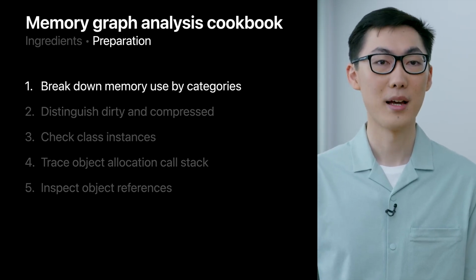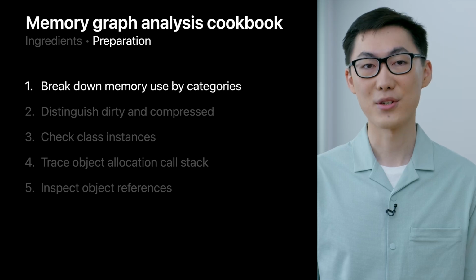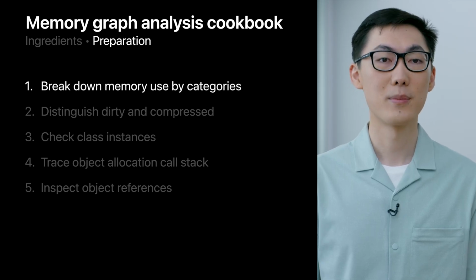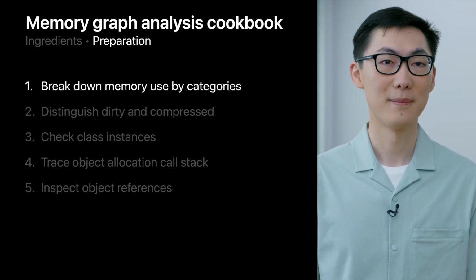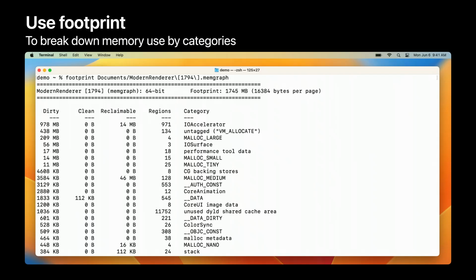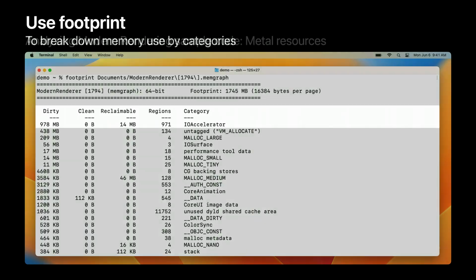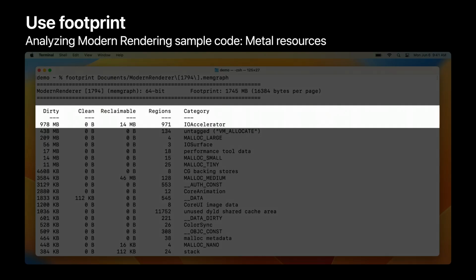A good first step is to break down memory use by categories. The footprint program does just that. Footprint uses information in the memory graph to recreate this high-level summary. Typically, you will want to first focus on the larger categories. For game memory graphs, such as this one from the modern rendering sample code, I/O accelerator is usually the largest one.